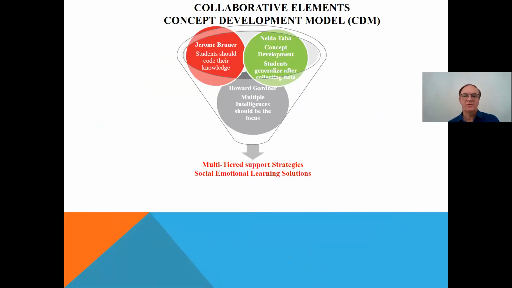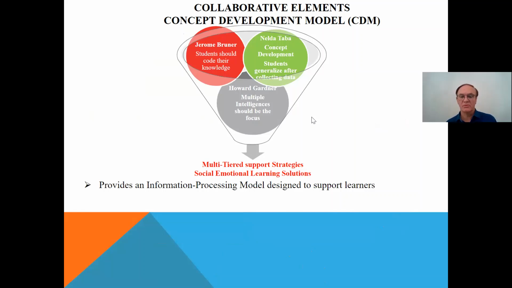All 3 of these researchers' elements have multiple meanings that are related one to the other, that have to do with multi-tiered support strategies and SEL learning solutions. These strategies provide an information processing model designed to support learners.